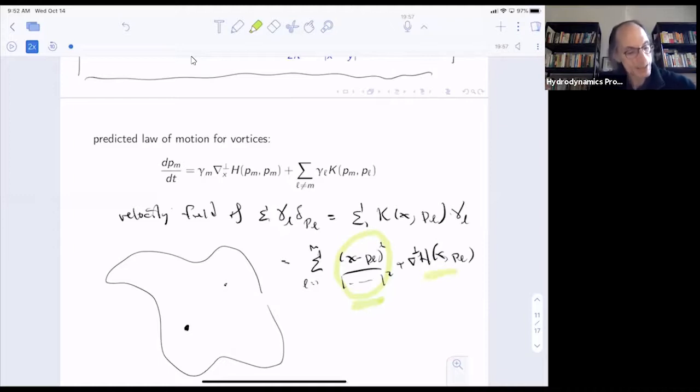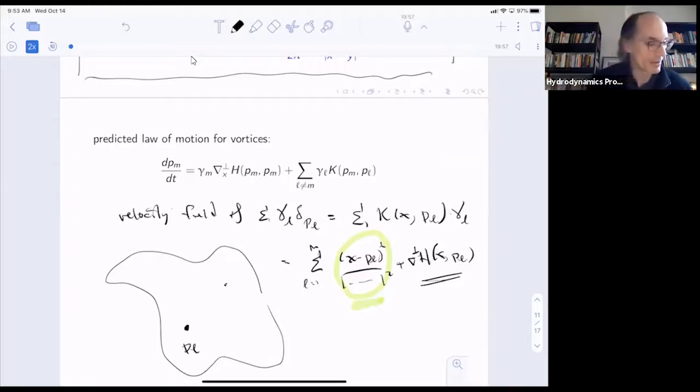But then you see the point is, if I look at the part generated by p_l, at the point p_l, it's perfectly smooth. And so we saw before that the singular part doesn't affect the dynamics of the point itself. This is non-singular, but there's no reason it should leave the point smooth. It should leave it immobile.